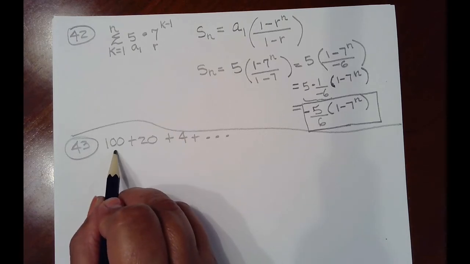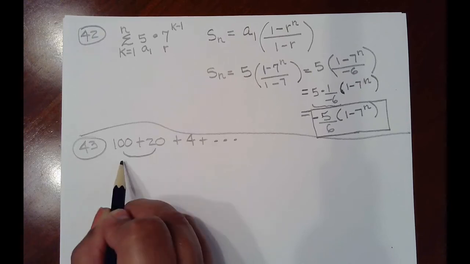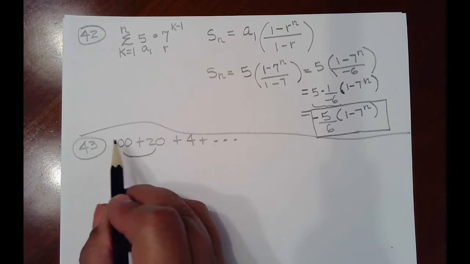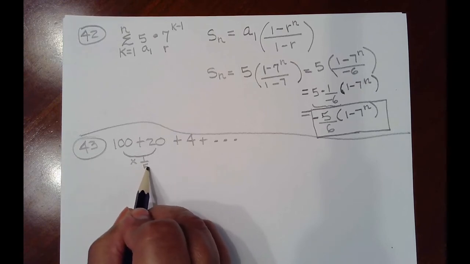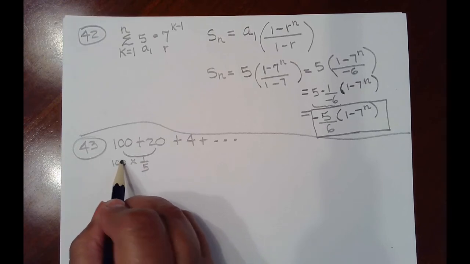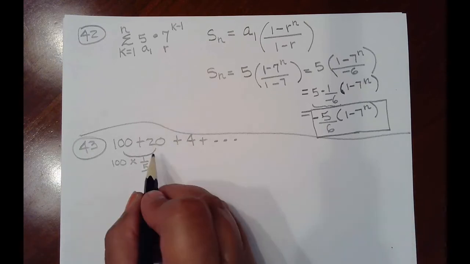What would you have to multiply 100 by to turn it into a smaller number, 20? Well, you'd have to divide this by 5, but that's the same thing as multiplying by 1/5. See? 100 times 1/5 would be 100 over 5, which is 20.